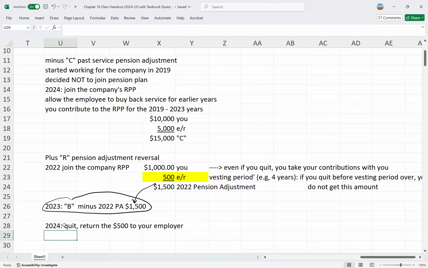So then in 2024, the R amount is going to equal 500. Remember, it's plus R. And so that's going to now increase your RSP deduction limit by 500. You reduced it in 2023, but in 2024 you quit and you have to give back this 500. So you will get this plus R in 2024 when you calculate your RSP deduction limit.